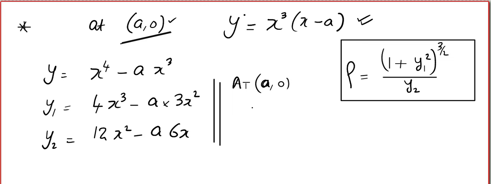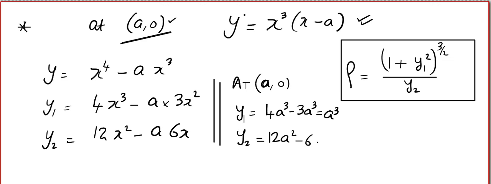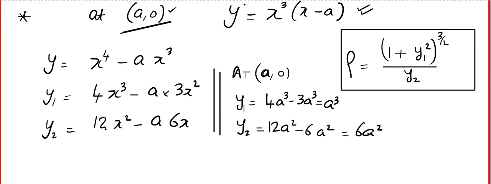So y1 becomes 4a cube minus 3a cube. That will be a cube. And y2 becomes 12a square minus 6a square. That will be 6a square. So that's it. Time to plug in.